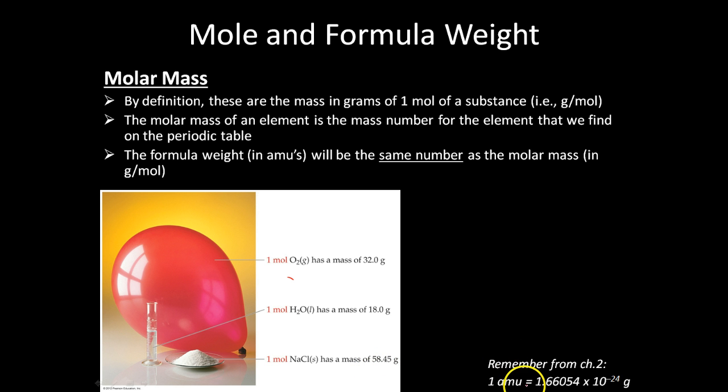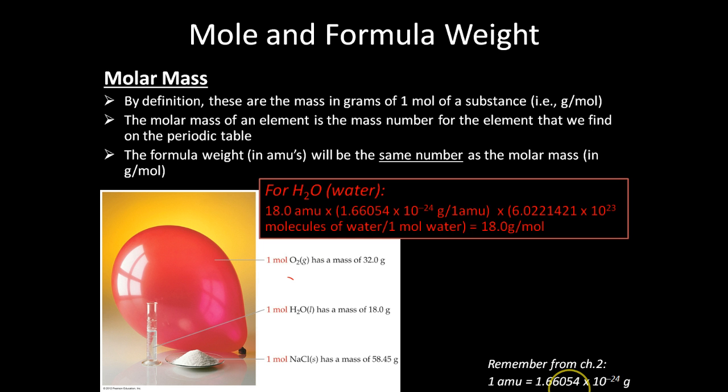Now remember, 1 AMU equals 1.66054 times 10 to the negative 24 grams. And so that's the conversion that we go from AMU to grams. So consider this idea right here. For water, if the atomic weight of water is 18.0 AMU, we multiply that by the conversion between AMU and grams, so grams divided by AMU, and then multiply that by Avogadro's number.